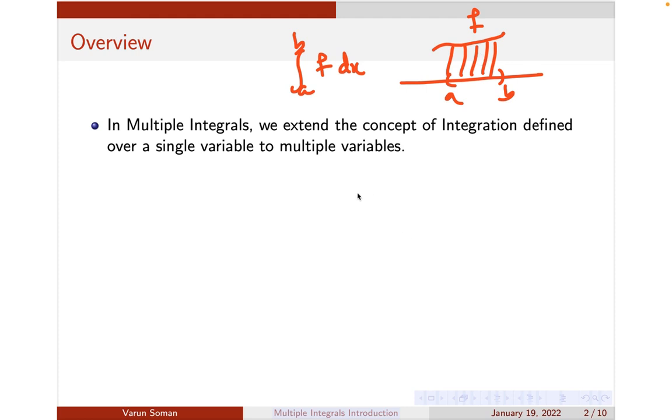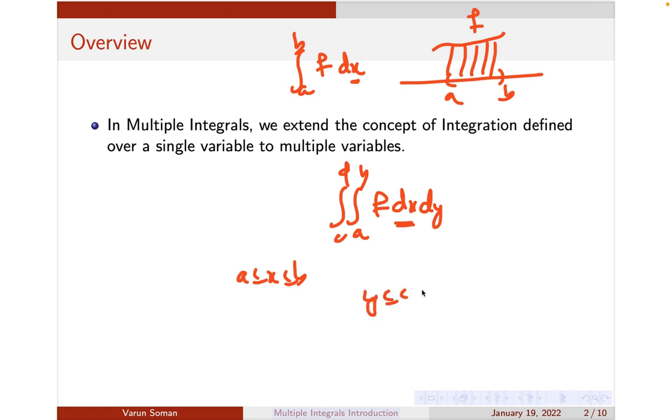Similarly, when you integrate f dx dy over, say, a, b, c, d, x is varying from a to b, just like the variation in x here, and the variation of y is from c to d.